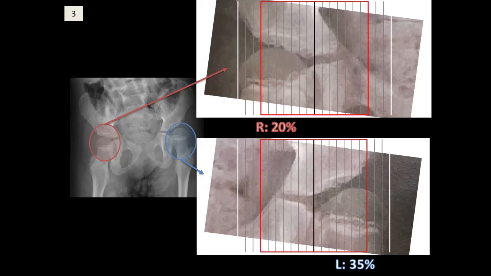Here, the medial aspect of the femoral head is a little bit obscured, and so turning this on and off really helps the ruler function. The x-ray on the right was close to about 20%, and the x-ray on the left was about 35% by my estimates.